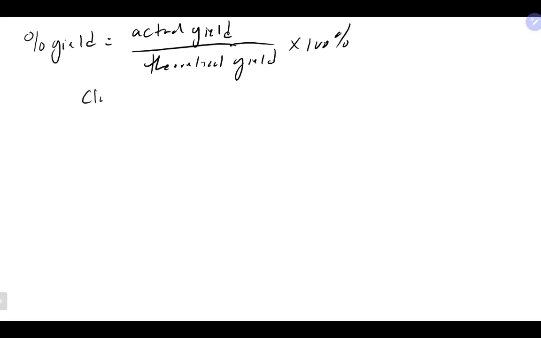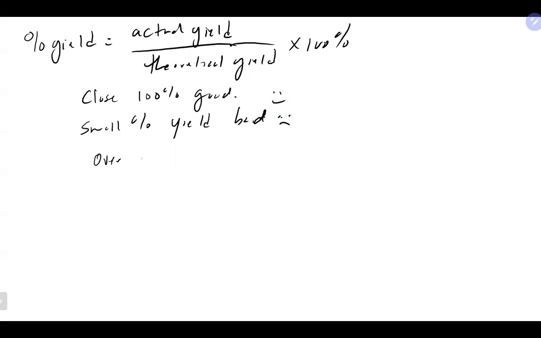Remember, close to 100 is good. Small percent yield, bad. Unhappy face, happy face. Remember that even though it may seem like a good thing, over 100% yield is also not a happy face.